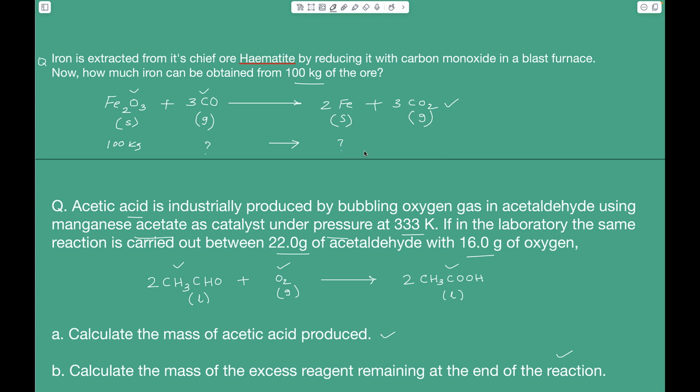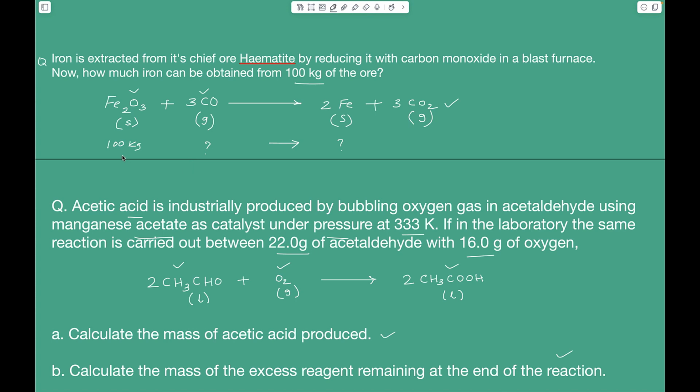How can we answer such a question? Here you have to assume that there is sufficient amount of carbon monoxide to react with all the ferric oxide we took, all the ore we took. Sometimes that is explicitly stated, sometimes you have to figure that out.